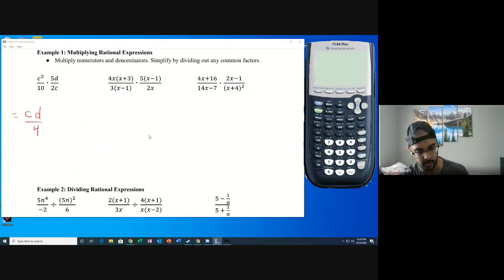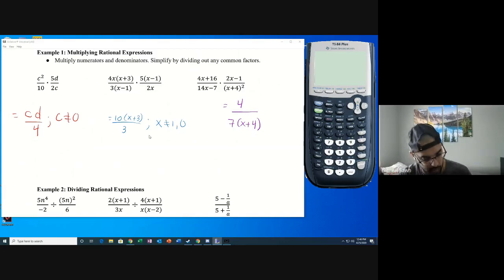Over 4, where c can't be 0, or the middle one works out to be 10x plus 3 over 3, and for that one it looks like x can't be 1 or 0, and then for the last one simplifies out to being 4 over 7x plus, that's going to be x plus 4.